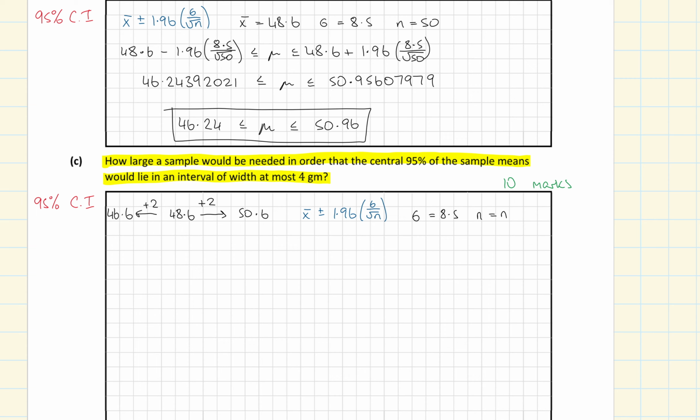Then n we don't know, and x bar will remain the same. The answers for both of them will be 46.6 and then 50.6.